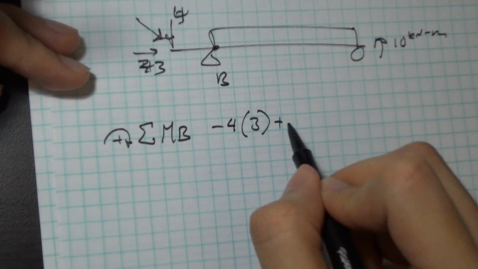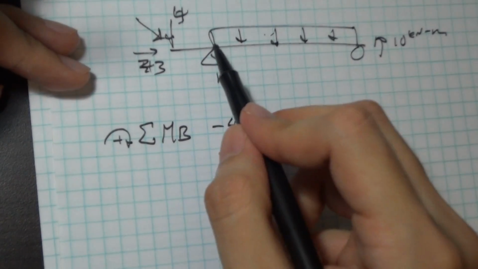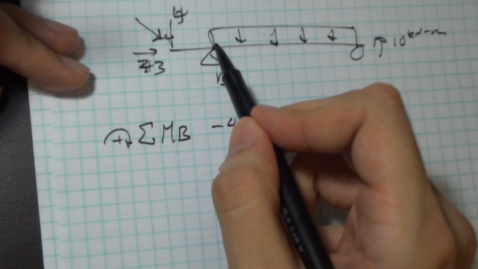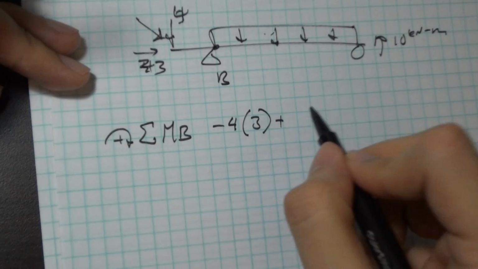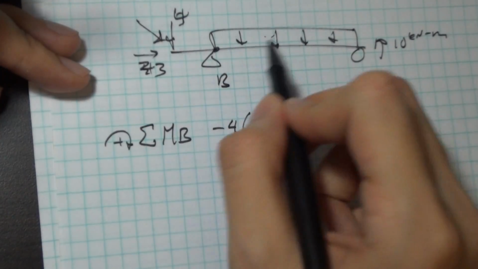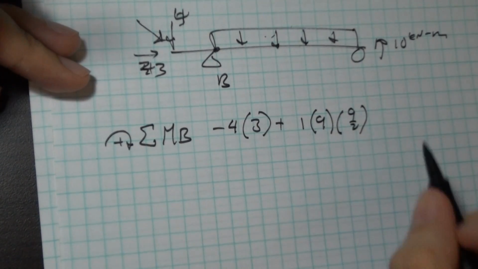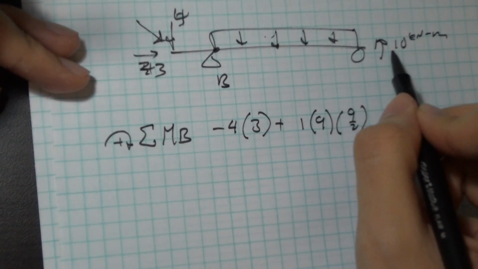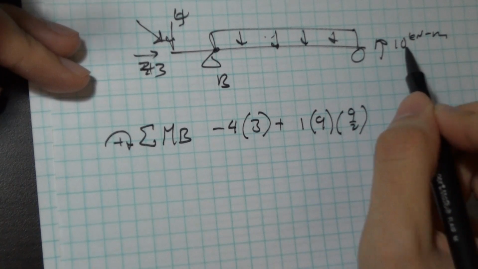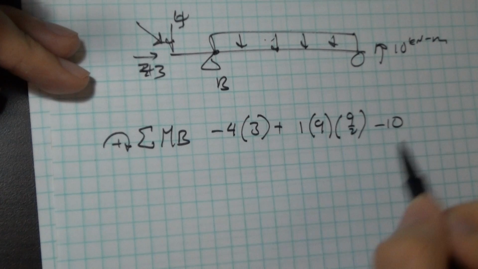I have my distributed load, which is acting in a clockwise direction. This load has a value of 1 kilonewton per meter. It is 9 meters long, so I have 1 times 9. The centroid of this load, because it's a rectangular load, is exactly halfway, so it's 9 on 2. Then I have this applied moment at the end. It is a counterclockwise moment, so I just do minus 10.